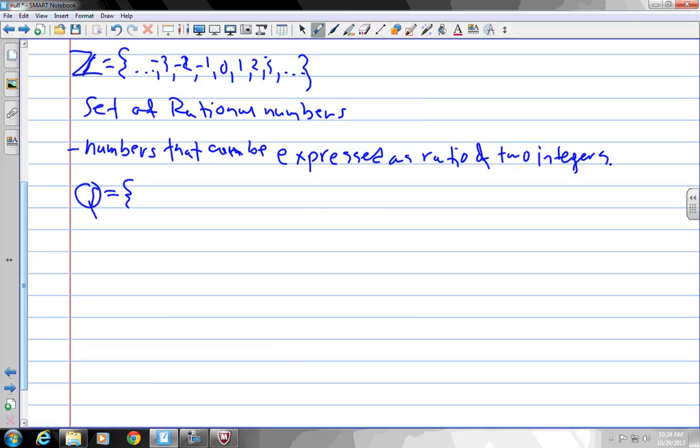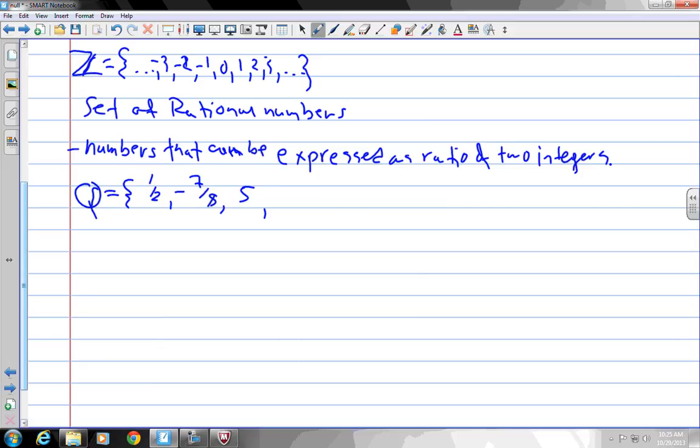So as long as you can write a number as a ratio of two integers, that's a rational number. So things like 1/2, -7/8, those are rational numbers. Number 5, all your integers are rational because you can always say 5/1, 10/2, and so forth.